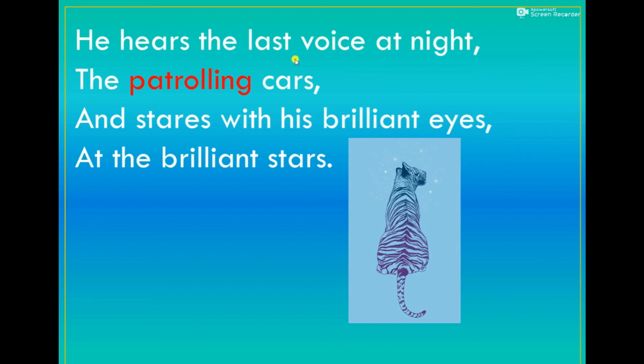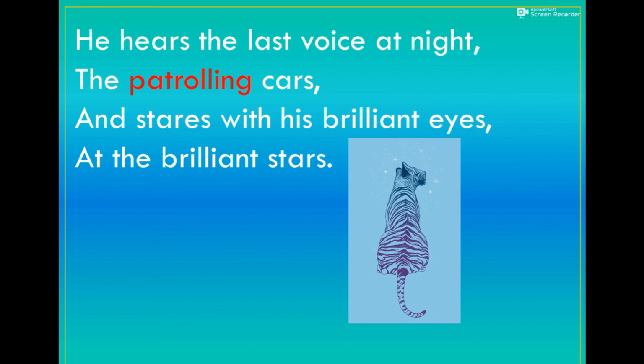He hears the last voice at night, the patrolling cars. Patrolling means going around a place to guard it, and stares with his brilliant eyes at the brilliant stars. Can you see? He's sitting here and staring at the brilliant stars.